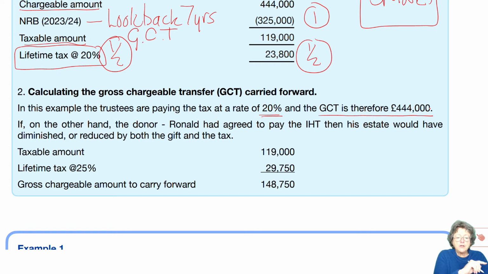If he had agreed to pay the tax and he'd paid the tax at 25% on that taxable amount, then the gross gift carried forward in case we need it on the date of his death, if it's within 7 years, is £148,750.